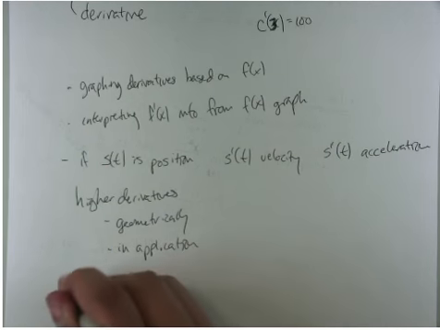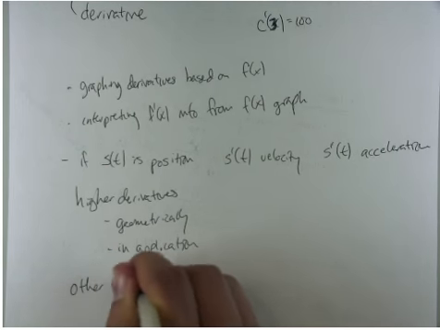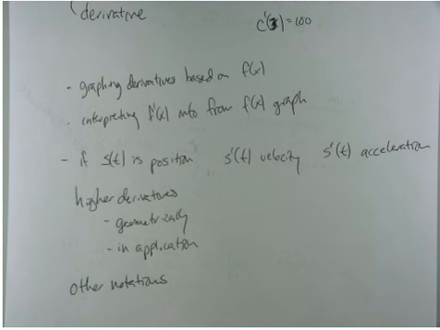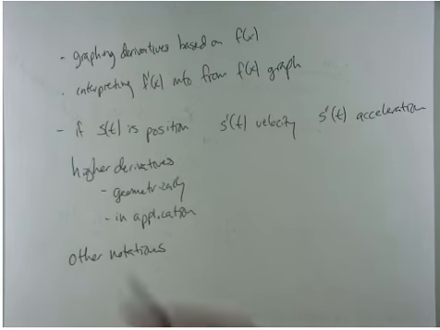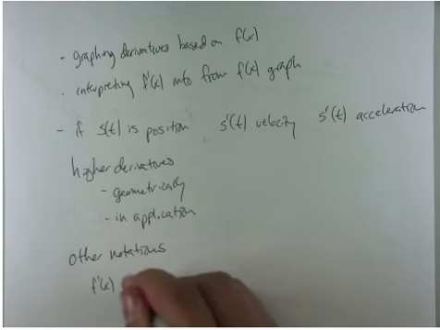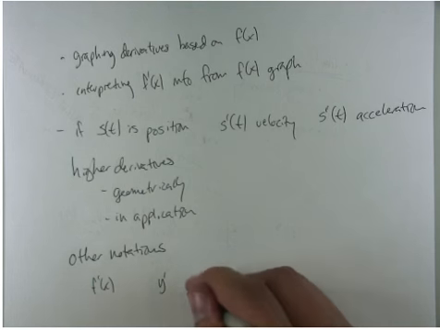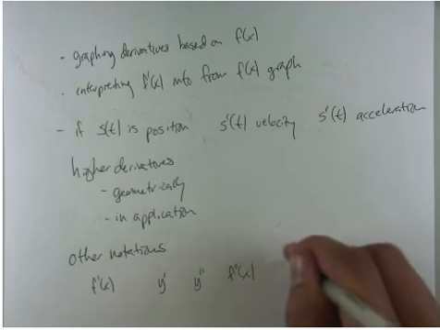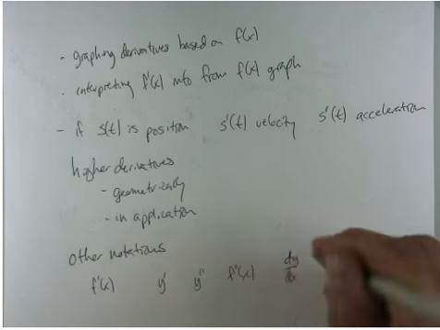Other notations. You should be familiar with f prime of x, y prime, y double prime, f double prime, dy/dx, d/dx of f of x, things like this. d squared y/dx squared.